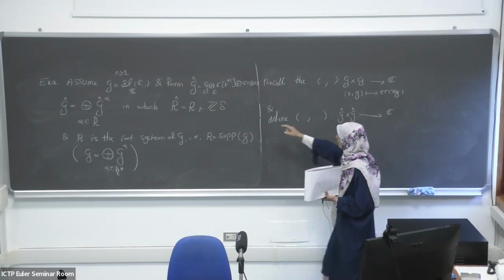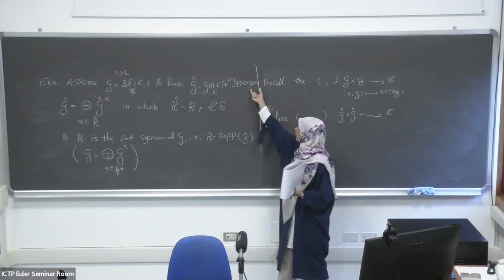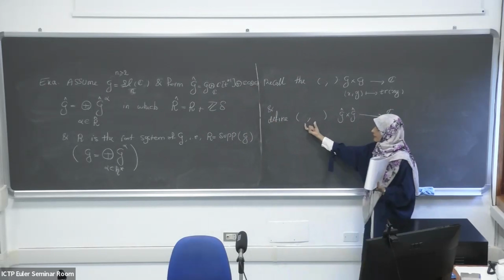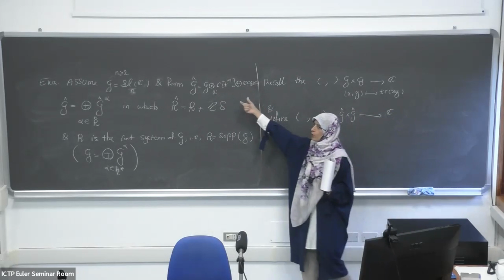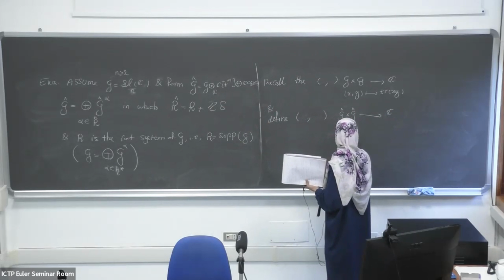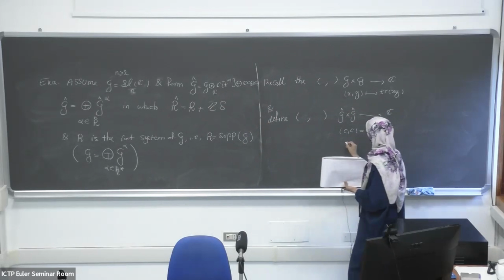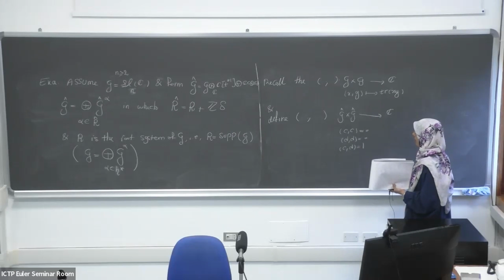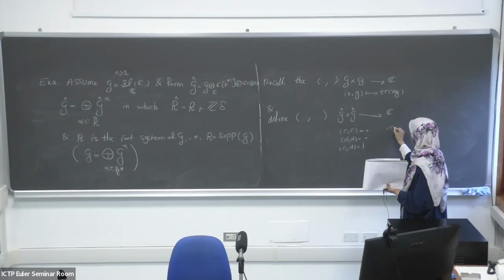I define my G hat has 3 independent parts. So when I want to define this bilinear form, it is enough to define it in each part. I define C with C to be 0, I define D with D to be 0, but C with D to be 1, and C with everything else to be 0.